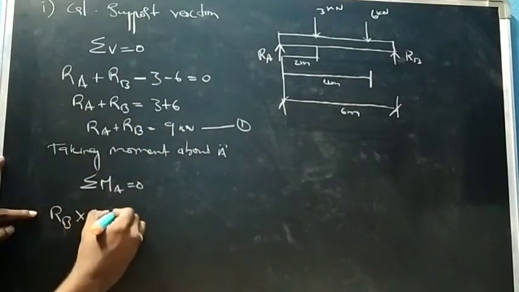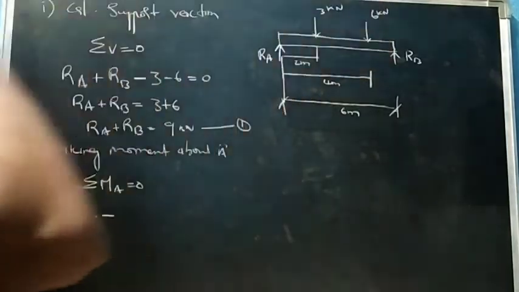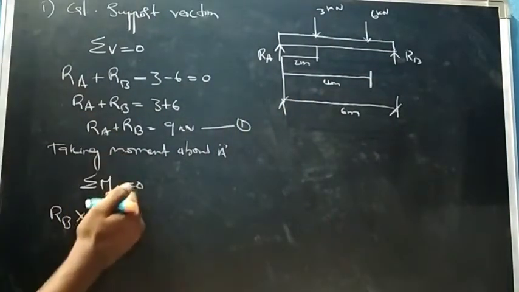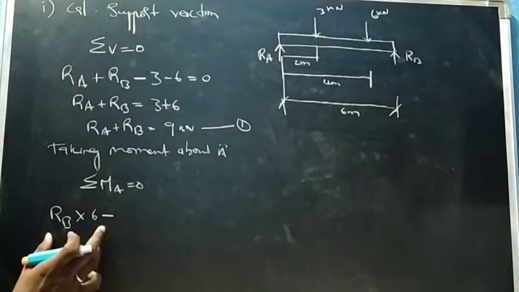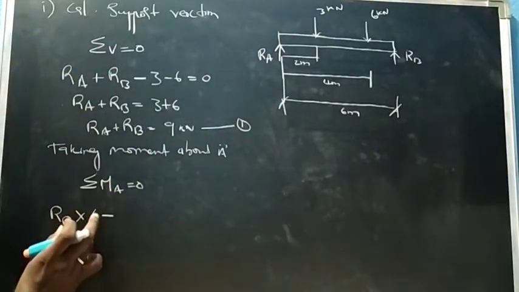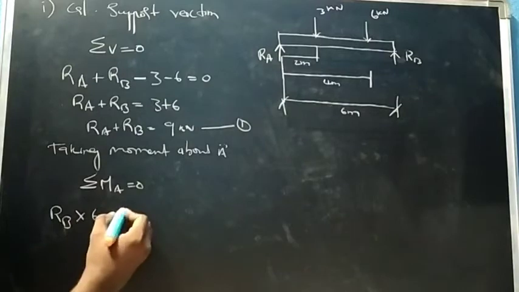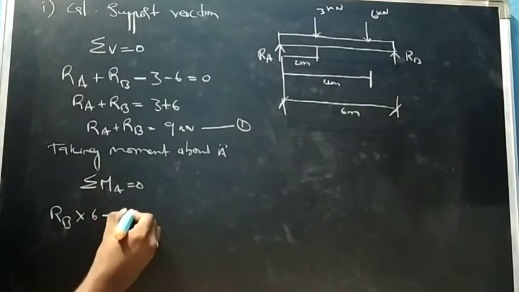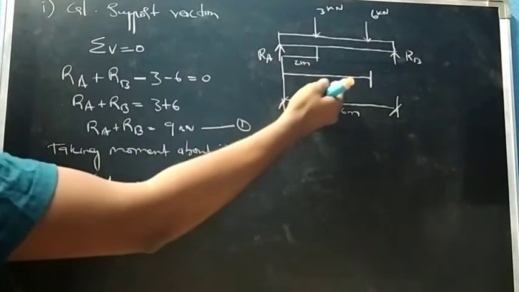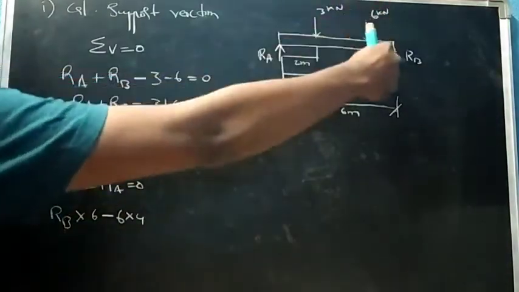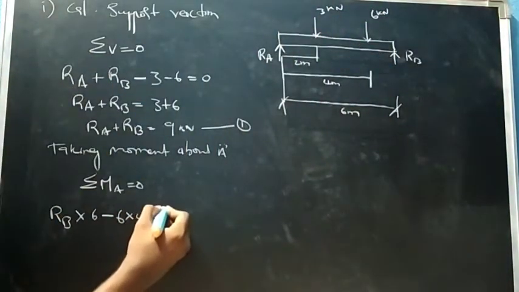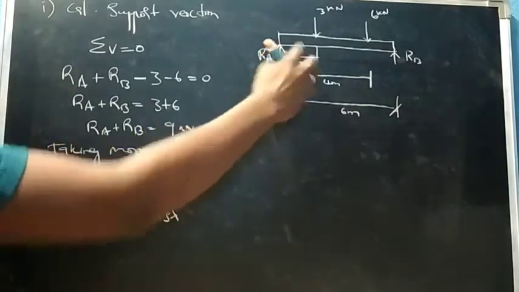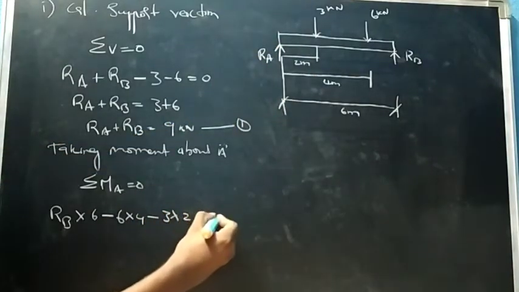Then we have minus, right, because it is downward direction. So RB into 6 minus 6 into 4. 4 is the 4 meter perpendicular distance. Again minus 3 into 2 equals to 0.